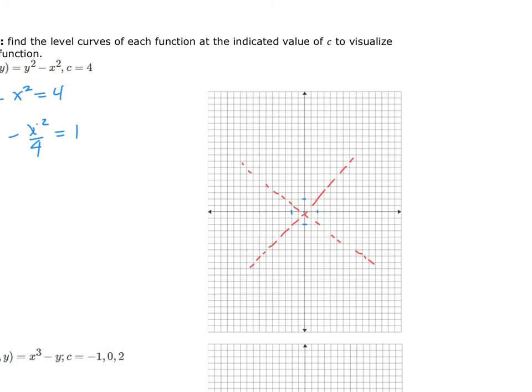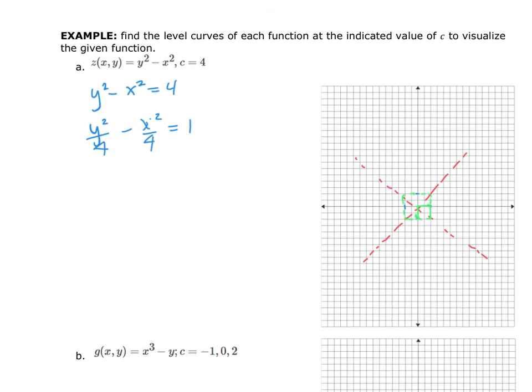Which of course I got sidetracked because I started drawing it. When you are drawing a hyperbola, the easy way is from the center of your hyperbola, you go out the distance a, the distance b, and you draw this box. You draw the asymptotes from corner to corner of the box through the center, and then we say, okay, the y is positive.